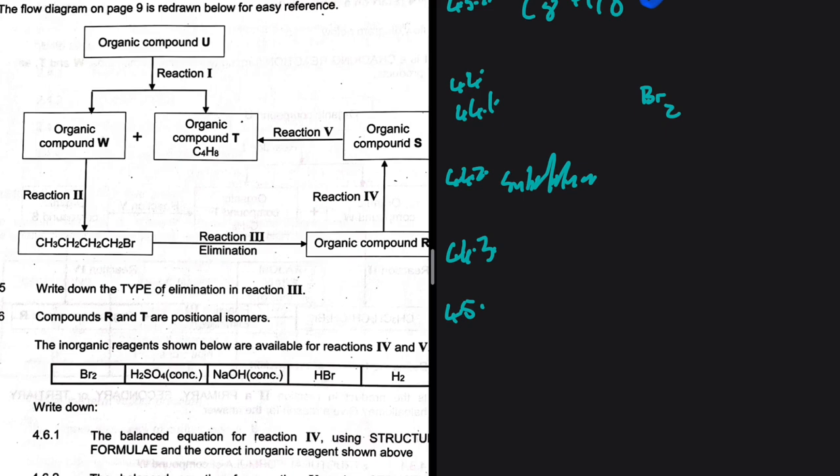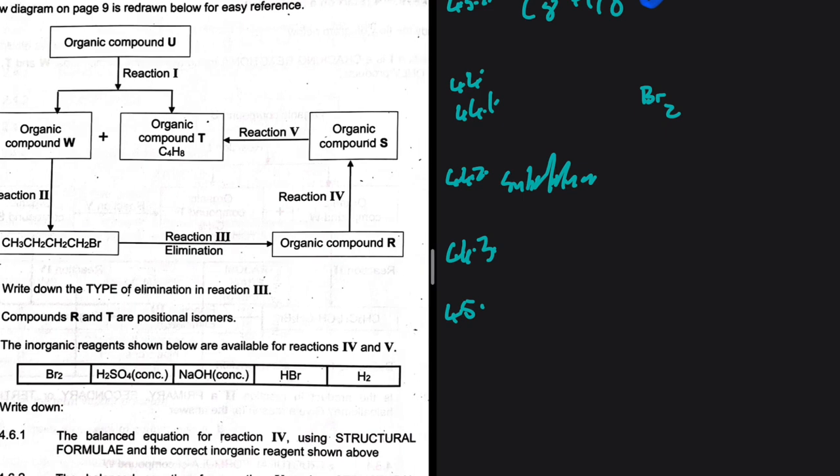So we're told that reaction 3 is an elimination reaction. But how are we going to figure out which elimination reaction it is? Well, a haloalkane as the main organic compound that you're studying can only lead to one elimination reaction. If you start with a haloalkane, there's only one possible elimination reaction.